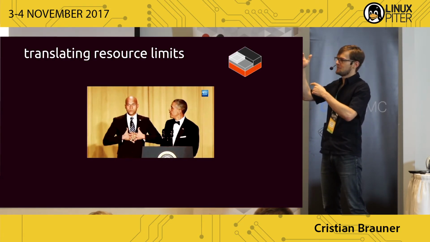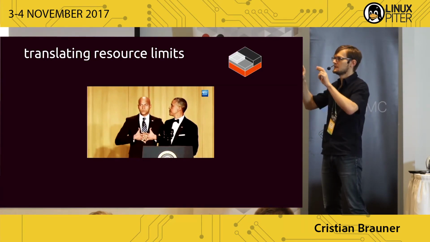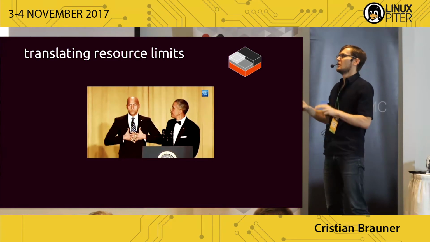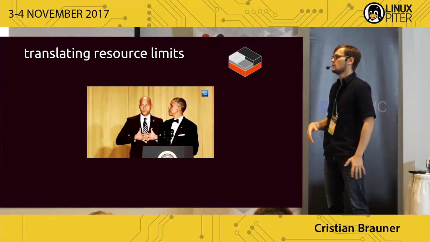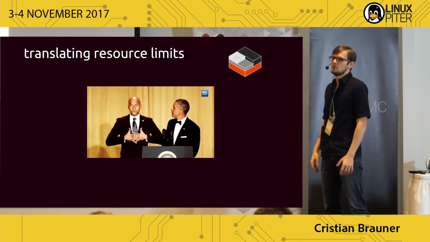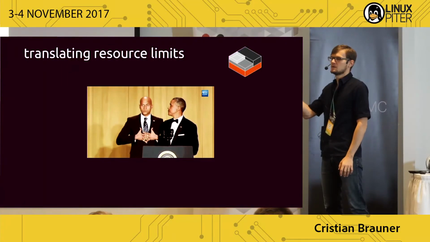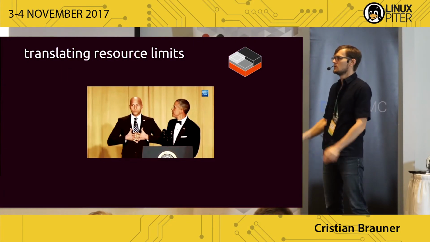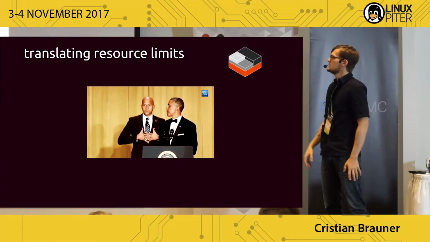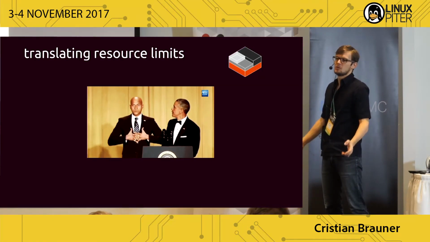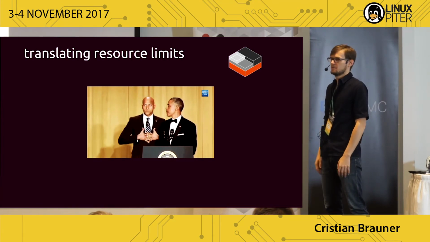Then you have to parse out basically all of the controllers and the hierarchies they are mounted in, and then you need to basically remount or remock the hierarchy that you see on the host for the container when you mount it. All of that with the cgroup v2 hierarchy is basically gone. You look at cat /proc/self/cgroup once, you detect there is only one controller, or actually no controller. You figure out the base cgroup you're currently located in, and then you mount it at sysfs cgroup, and then you're done. It's pretty nice.